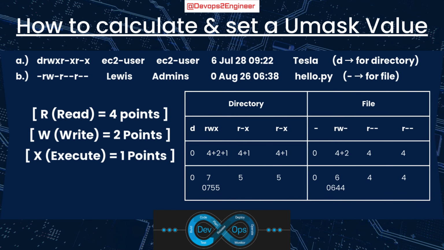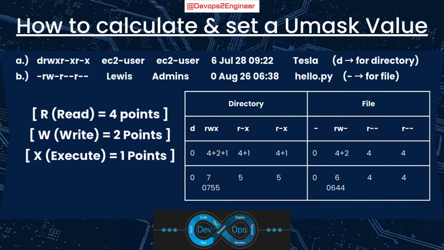While for files, you have 0644. The 6 stands for read and write, which the owner has. The group owner can read, which equals 4, and others can read, which equals 4.